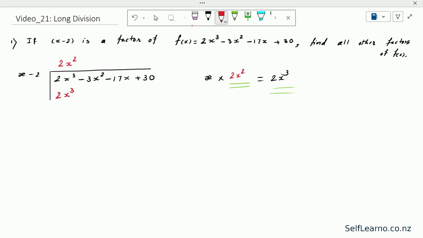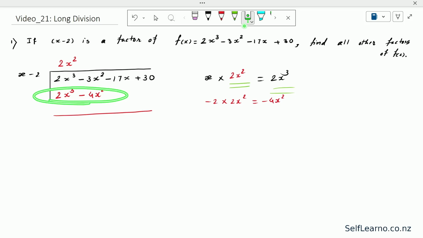And this negative 2 times 2x square gives negative 4x square that I have to write over here. Now, we should change the sign of everything. Basically, we are subtracting this lower one from this upper one.